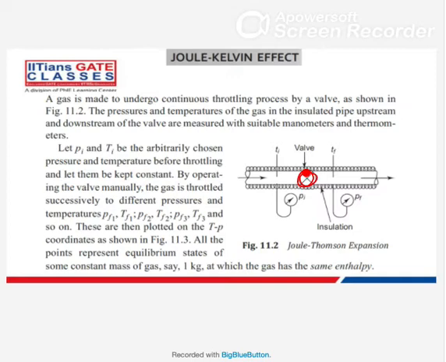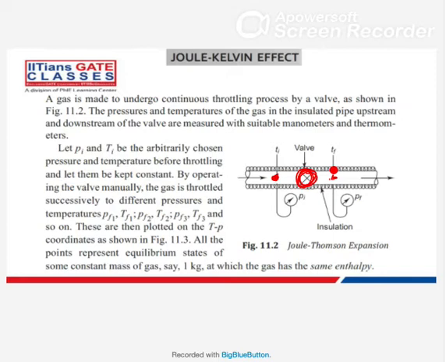Let's say this is our inlet or initial condition, and with a different throttle opening, we'll get different exit conditions.